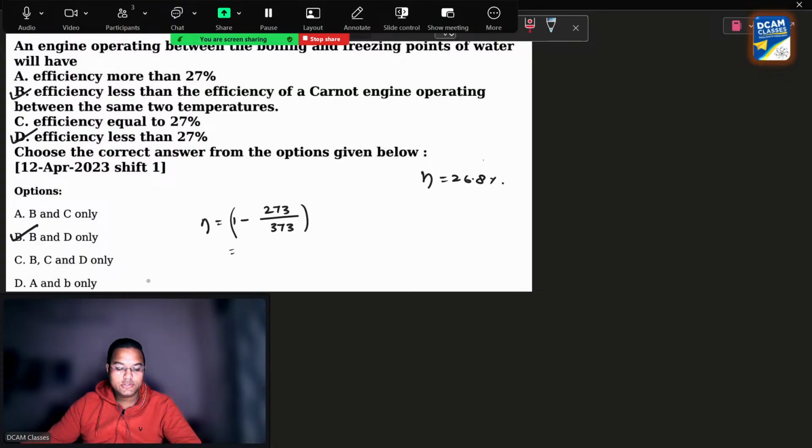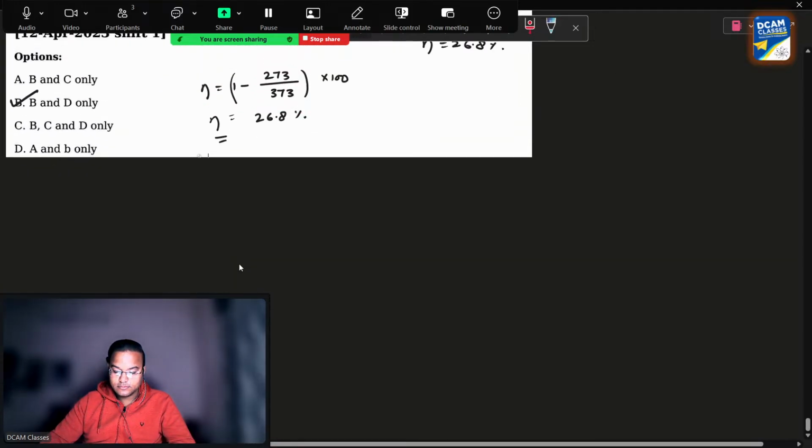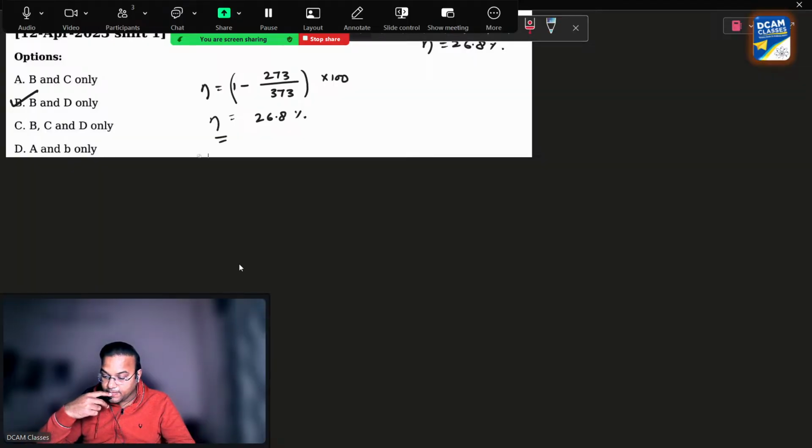So the efficiency you'll get, into 100, is 26.8%. This is the efficiency of Carnot engine. The efficiency of this given engine is less. Now solve this question, then I'll give you a good one.